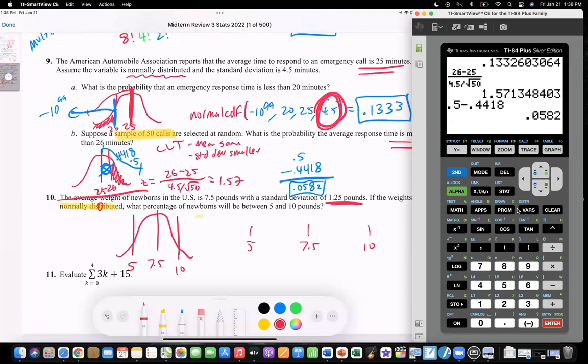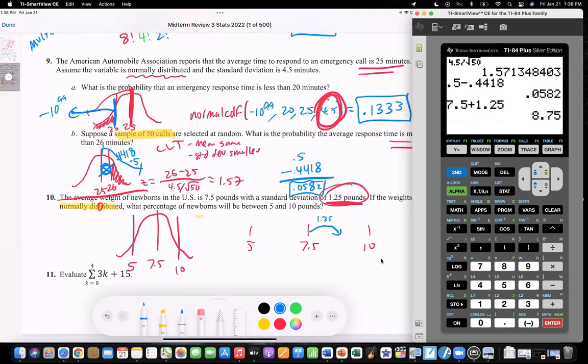Okay, so if every standard deviation is 1.25 pounds, it looks like this might work out to whole numbers. So if I add on 1.25, we're at 8.75. Then if I add on another 1.25, we're at 10.